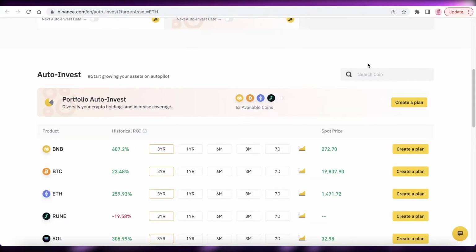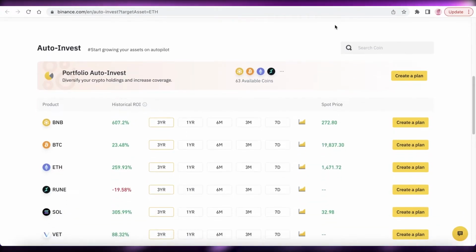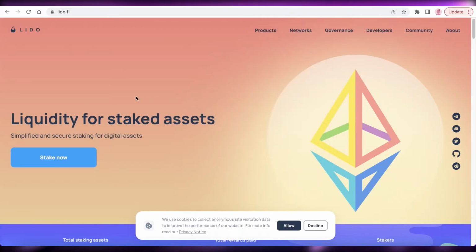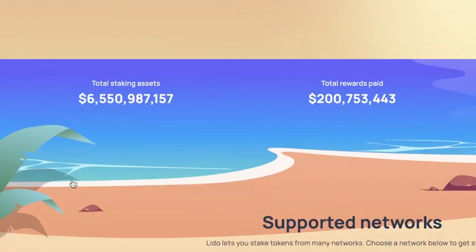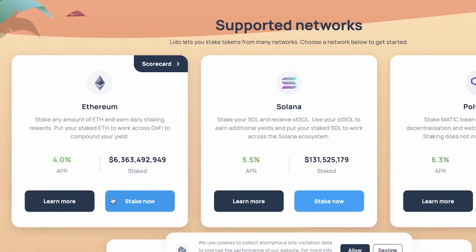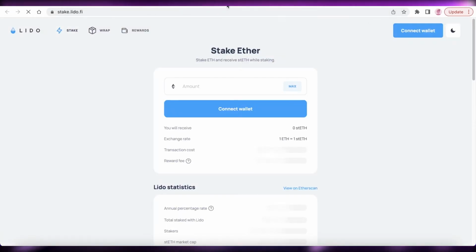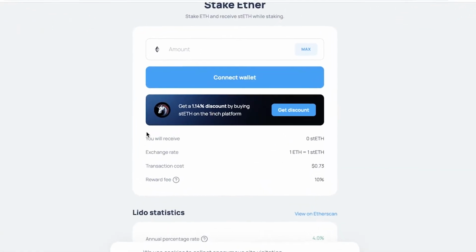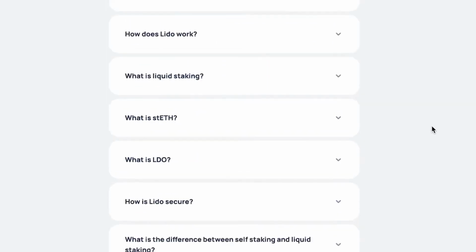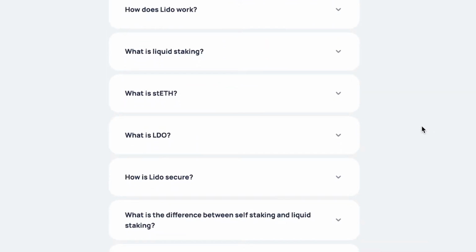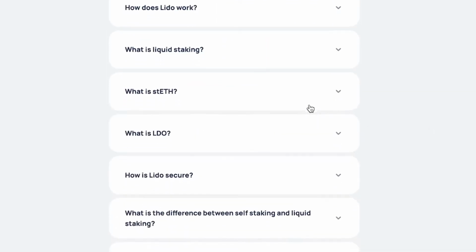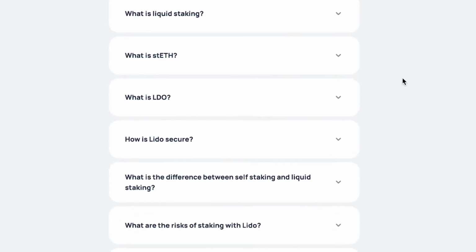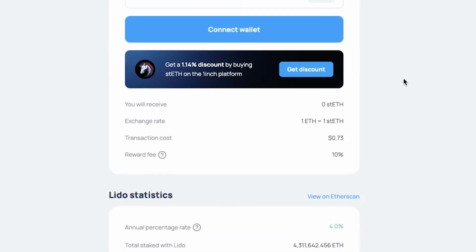Now, other than these basic staking methods and basic yield farming, you can also go onto a platform like Lido and provide liquidity for staked assets, and just click on stake now, and you can click on stake over here, and you can select Ethereum, and you can see over here that this is going to be a lot flexible, and you will get stETH, and then you can later on redeem this into your native currency of Ethereum.